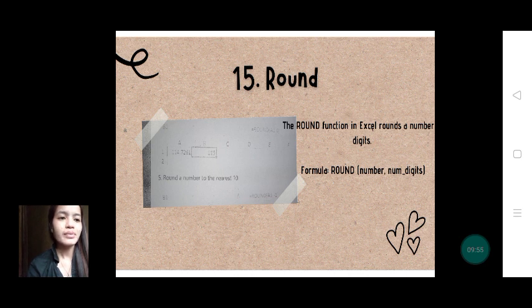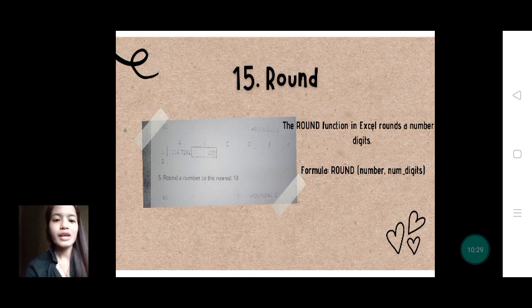Its formula is ROUND(number, number of digits). The number is what you want to round off, or the cell where the number to be rounded off is contained. The number of digits is the number of decimal digits to which you want to round off the number.